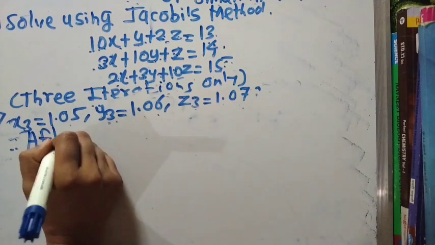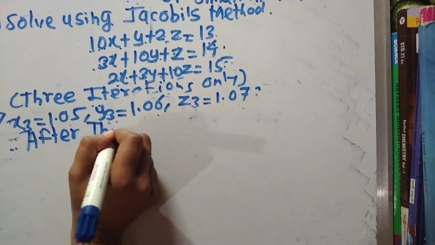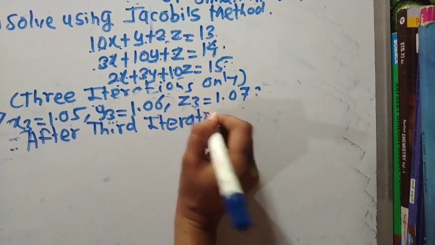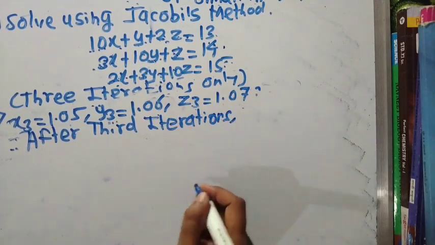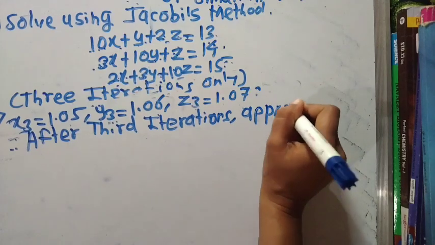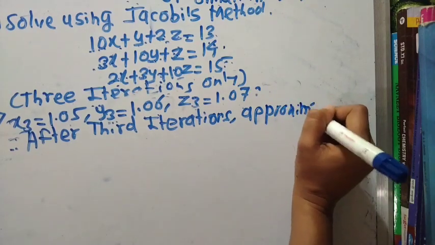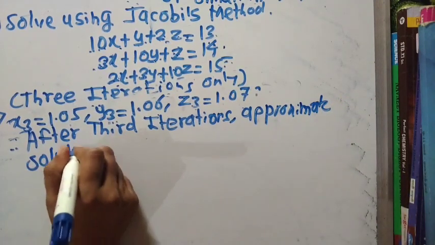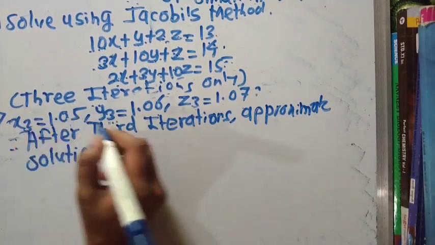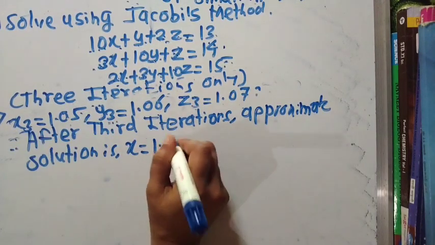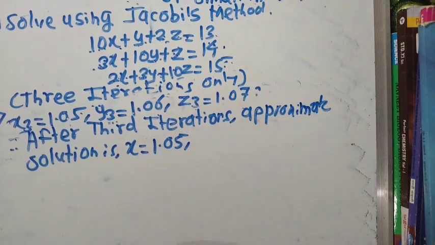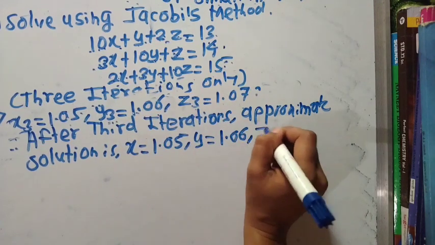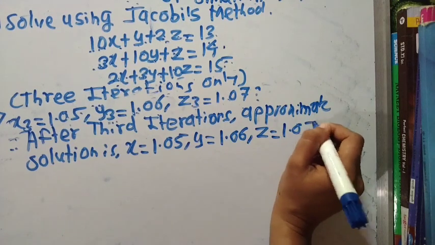Hence, after the third iteration, the approximate solution is x is equal to 1.05, y is equal to 1.06, and z is equal to 1.07.